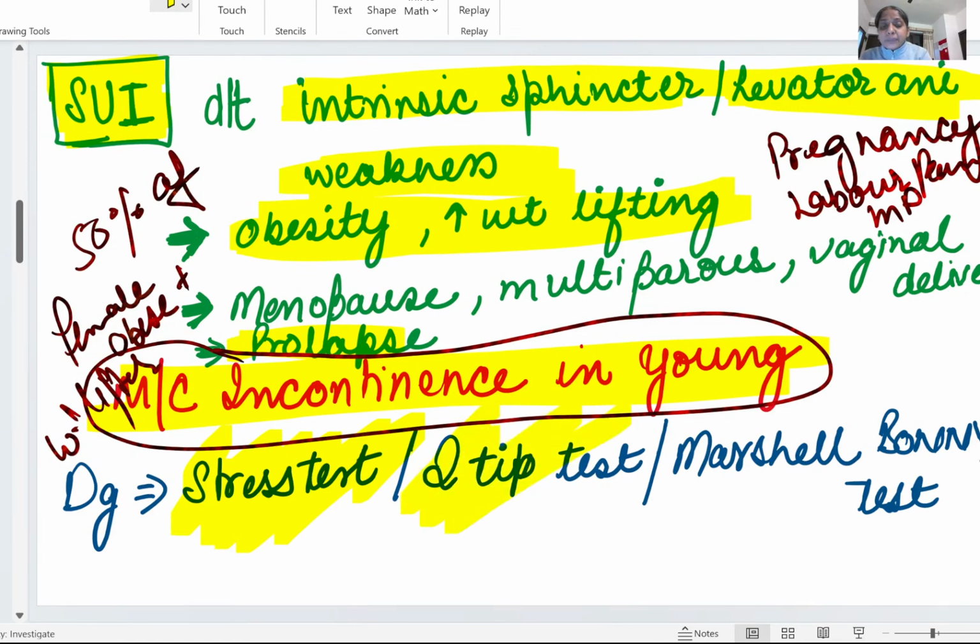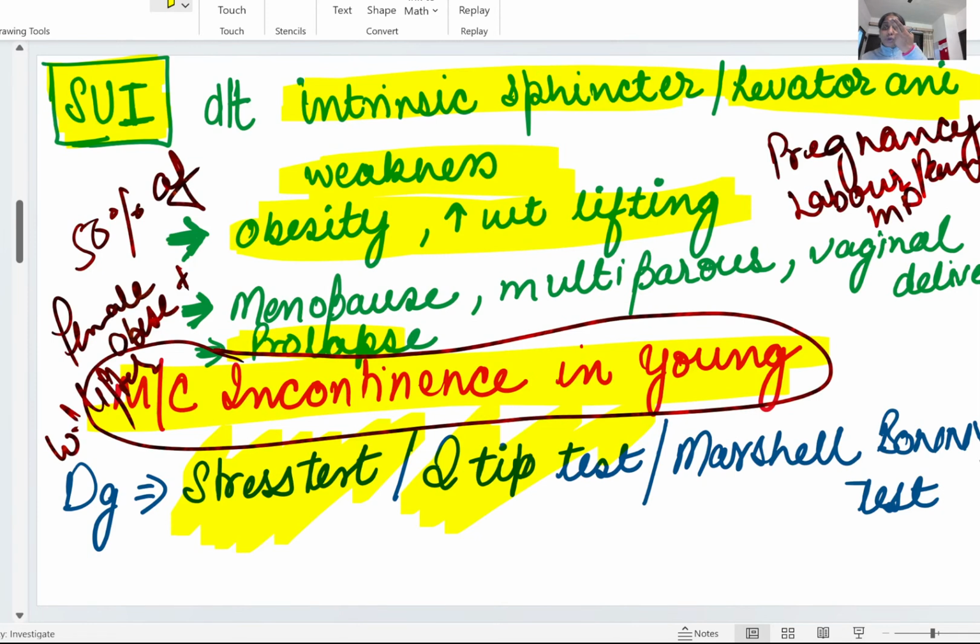What is the Q-tip test? On a stick we put a swab, and then we keep that swab stick into the urethra, and with increasing abdominal pressure, if the stick moves, then it is known as positive. And what is the Marshall Marchetti-Bonney test?